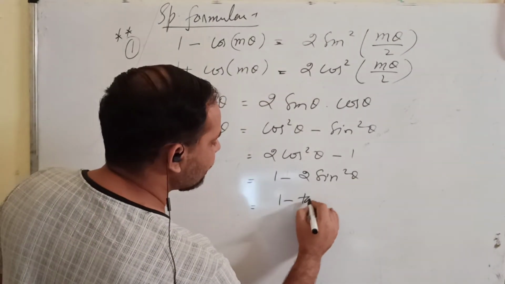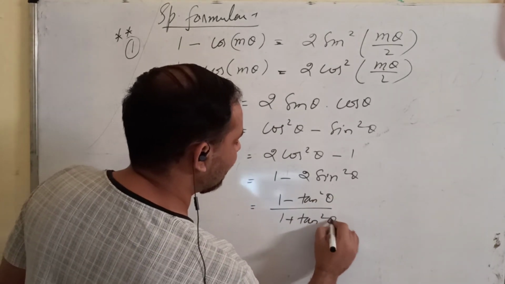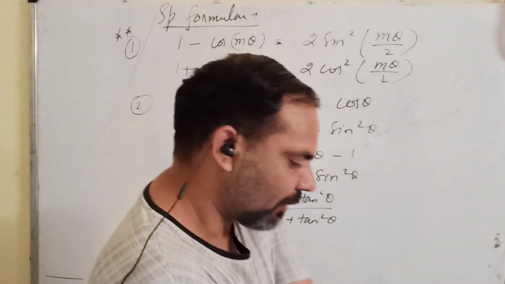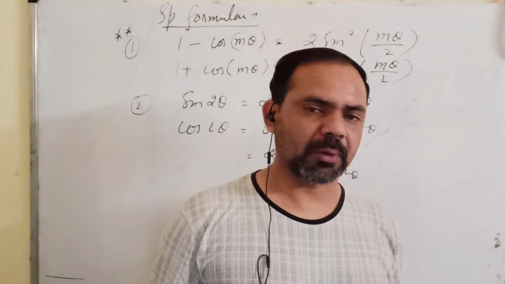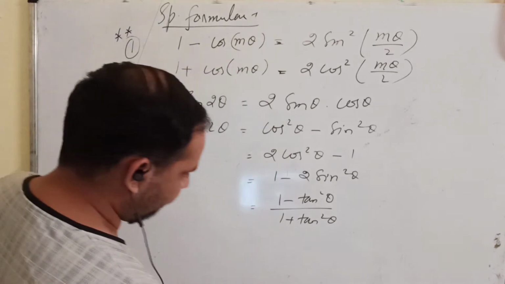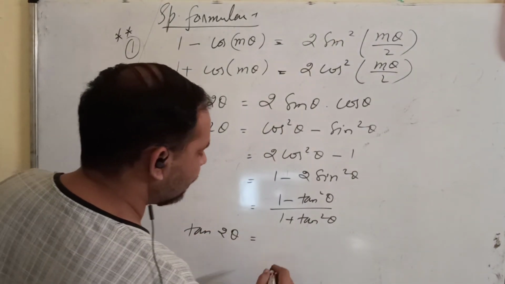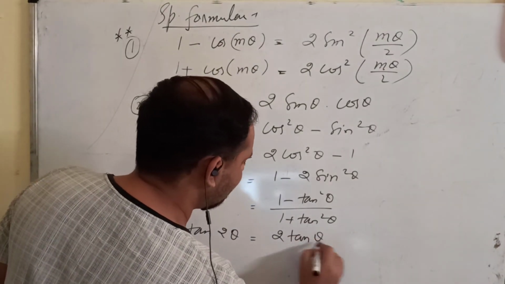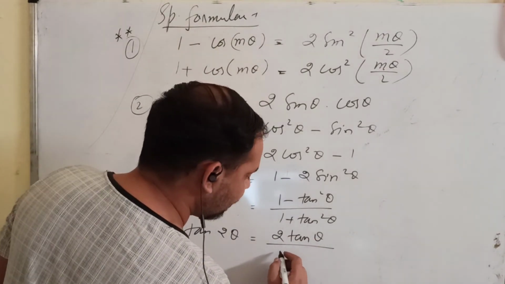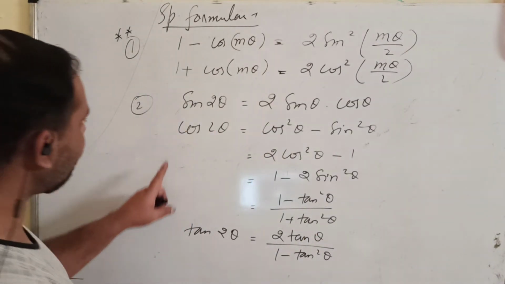This is 1 minus tan square theta upon 1 plus tan square theta. Okay. Then we have a formula for tan 2 theta. It is 2 tan theta upon 1 minus tan square theta.